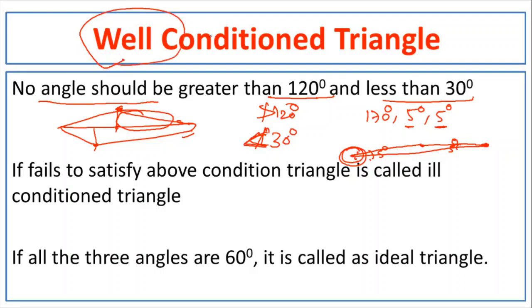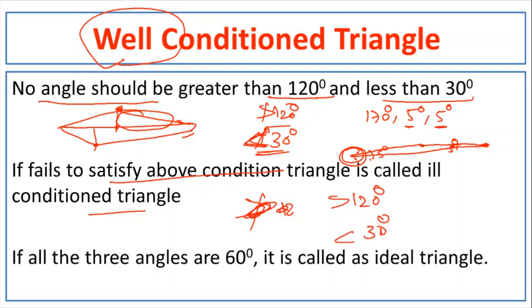So what are the conditions for the well conditioned triangle? No angle can be greater than 120 degrees and no angle should be less than 30 degrees. Now suppose a triangle fails to satisfy the above condition, then that triangle is called an ill-conditioned triangle. So what is the condition for the ill-conditioned triangle? One of the angles is greater than 120 degrees or less than 30 degrees.